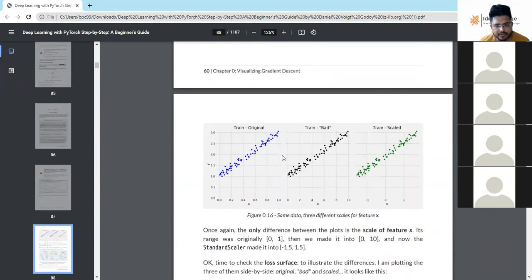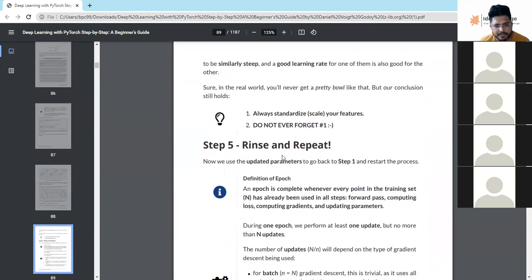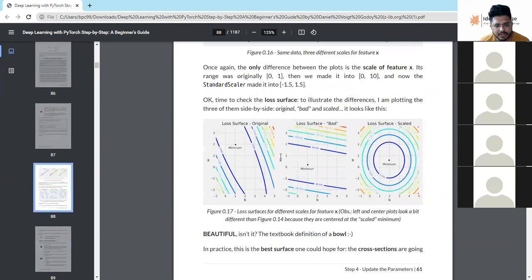Now, why it is done is because if you see the slope, here you see the original slope, how it was. These are the loss surfaces for different scales of features. The left and center plots look a bit different than the earlier figure because they're centered at the scaled minimum.